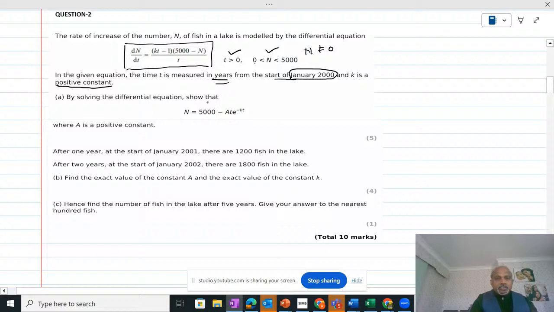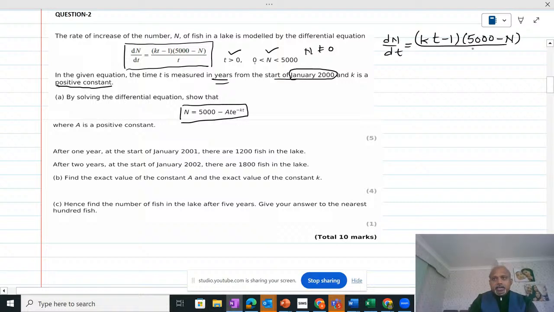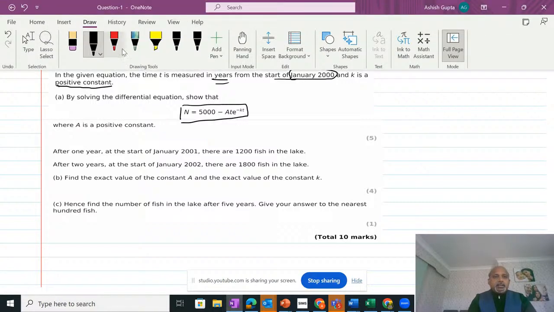So by solving the differential equation, show that n is coming to this. Whenever a differential equation is given, you need to integrate to find n. So dn over dt equals (kt minus 1)(5000 minus n) divided by t. Here we are going to apply the variable separable method, right?